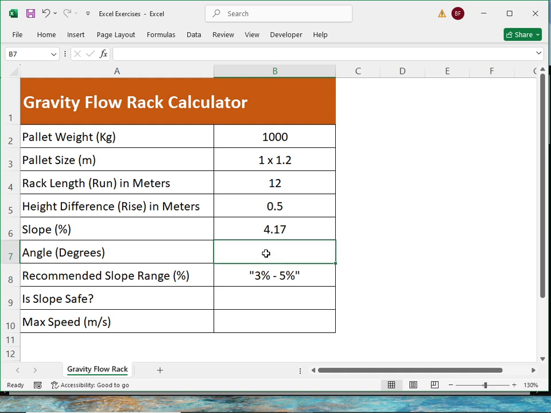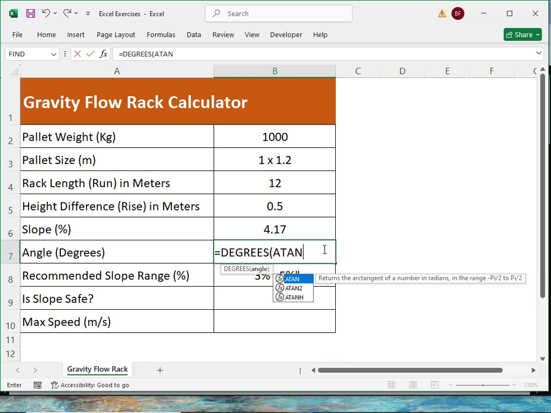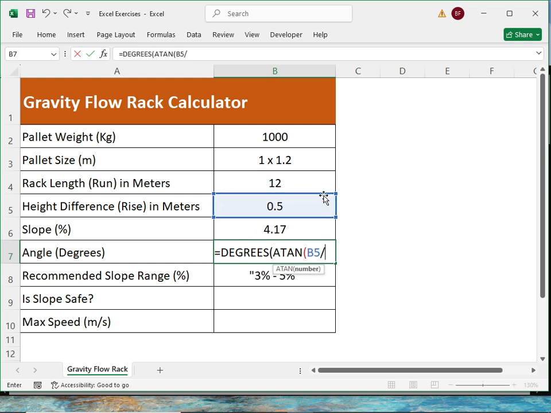The next thing that we're going to find out is the angle in degrees. We'll start with DEGREES, then ATAN, the arc tangent. Again it's rise over run, so it would be B5 over B4.